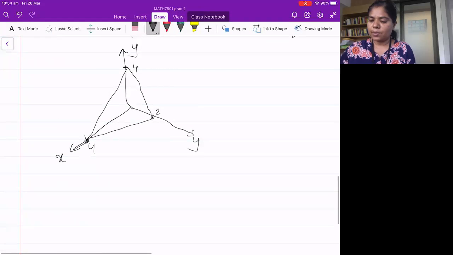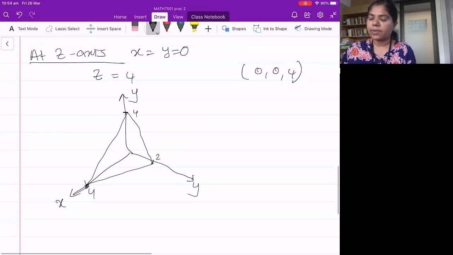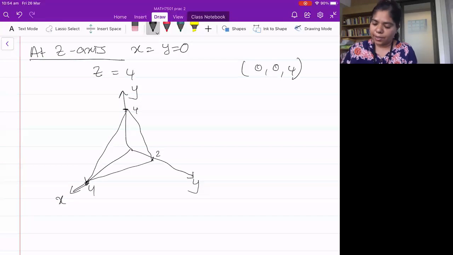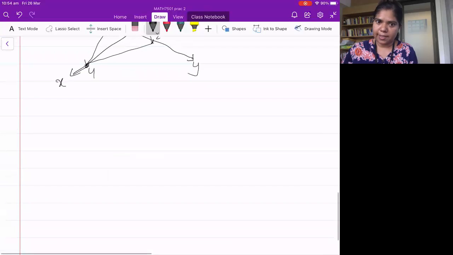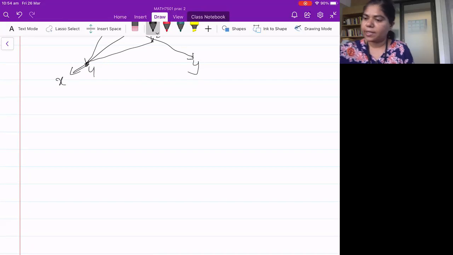And then in Mathematica, you can use the ContourPlot function to plot these planes. Okay, so I will give you the codes later on. Please check for it.